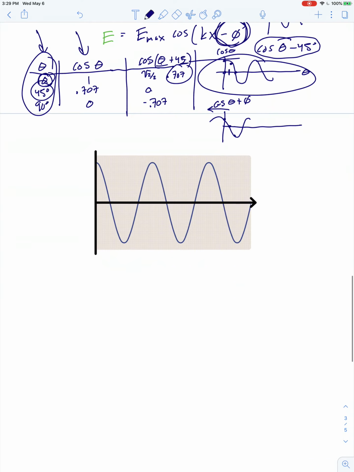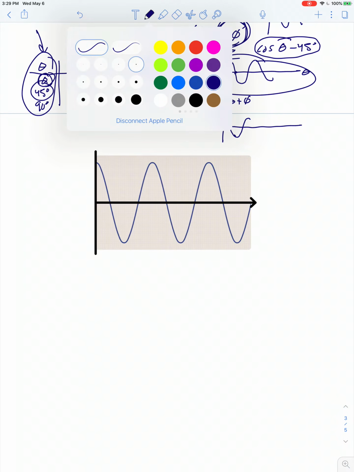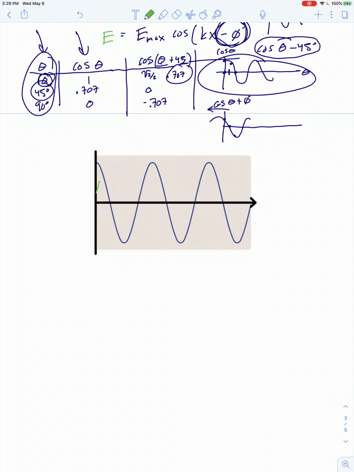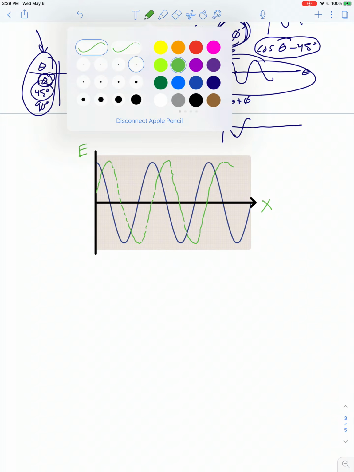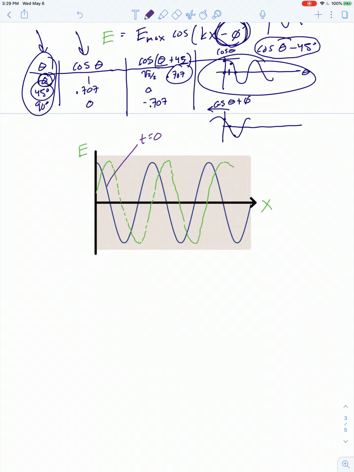In other words, when we allow this to animate in time, instead of just being a snapshot, if we can see two different graphs of electric field at two different moments in time, so this is still electric field varying in space, but the first one represents time t equals 0, and then the second graph represents t equals t naught plus dt, then electric field has to be described not only as a function of position, but also a function of time.